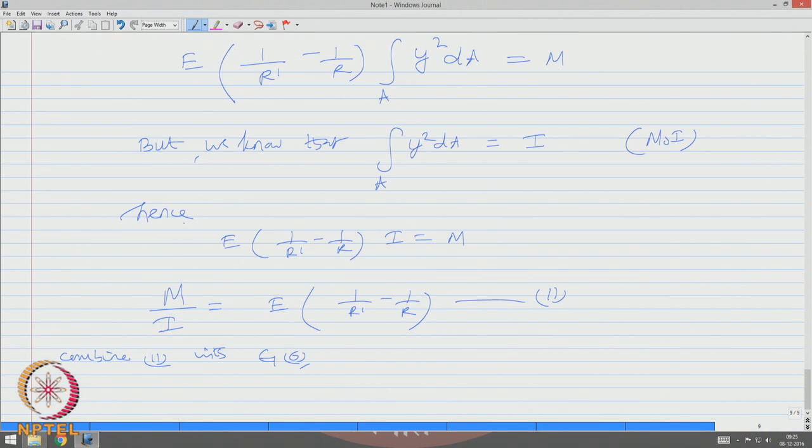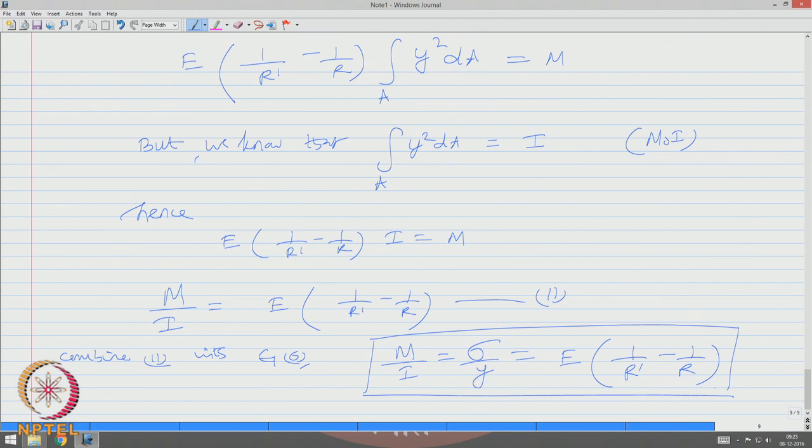So, now we can say M by I is also sigma by y, which is E times (1 by r dash minus 1 by r). So, that is my classical equation for bending of curved beams.